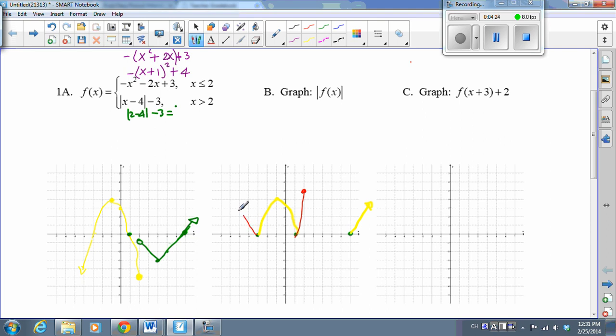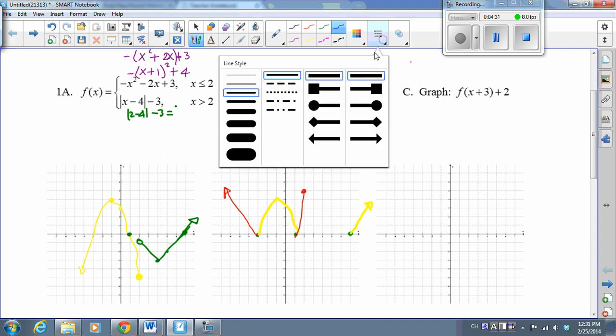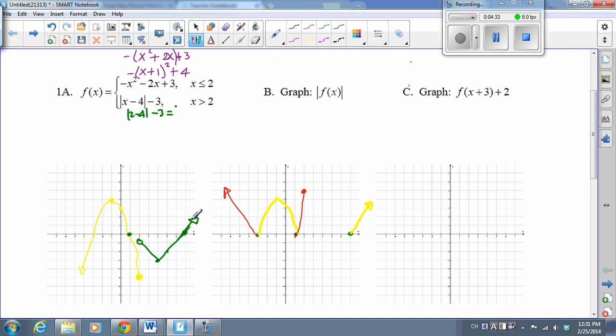This portion will just be up here. Now, the open circle was originally at 2, negative 1. Instead of 2, negative 1, it's going to be at 2, 1. Now, my vertex was at 4, negative 3. Now, it's going to be at 4, positive 3. And I believe that's enough for me to make my absolute value function.